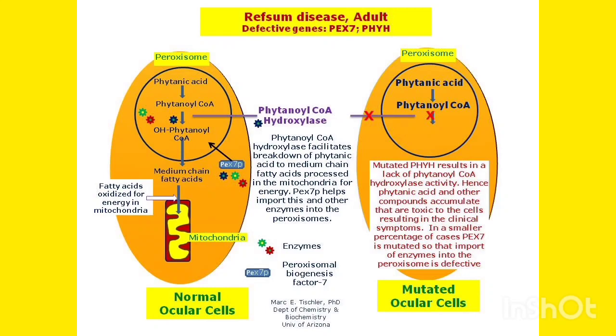In the mutated ocular cell, phytanic acid is converted into phytanoyl CoA, but the next step requires phytanoyl CoA hydroxylase. That enzyme is lacking, and that is why you get Refsum disease.